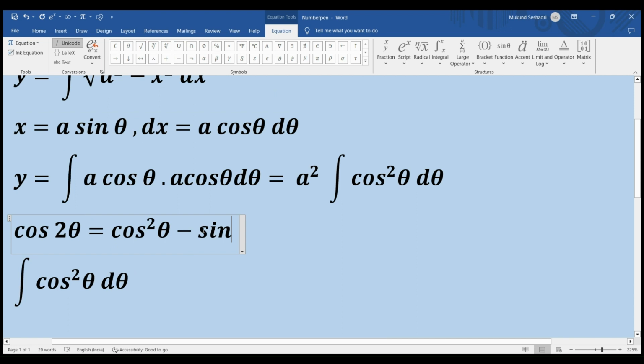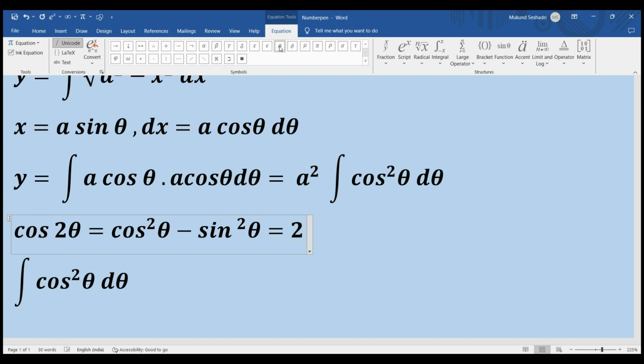And what happens to my sine square theta here is nothing but I re-express it as 1 minus cos square theta, right? This means that my cos 2 theta is nothing but 2 cos square theta minus 1. I hope you folks are with me. Let me go to the next line.